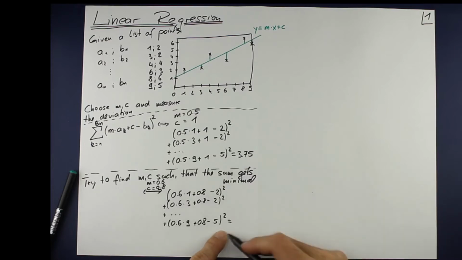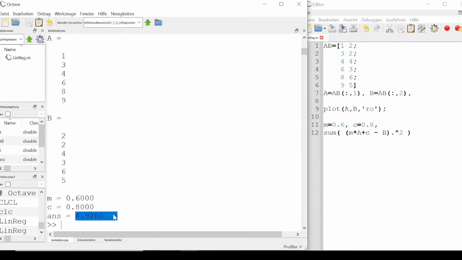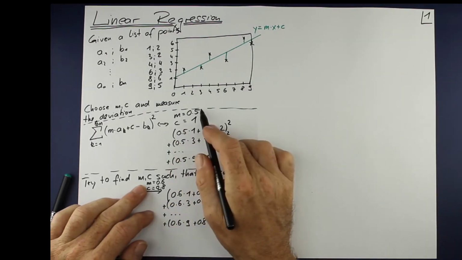Let's check which deviation we get now. Okay, so let's exchange 0.6 and 0.8. Now let's run that code. And now we get the value 4.92. So this choice was the better one.